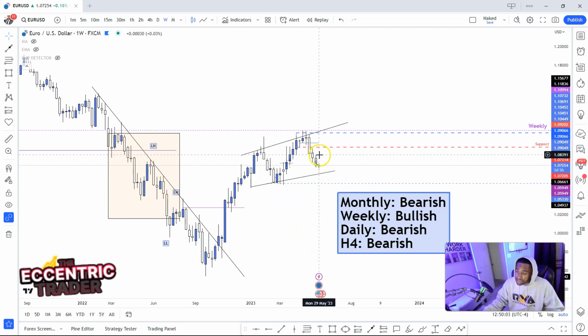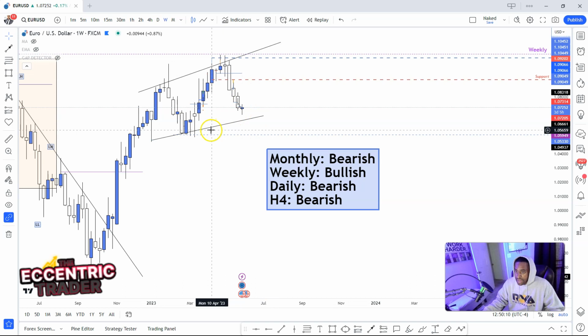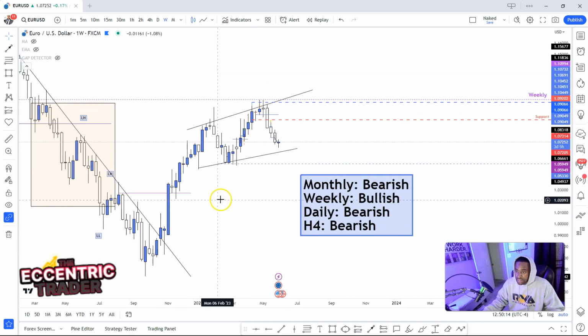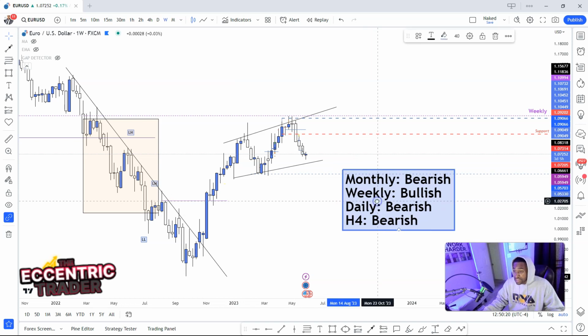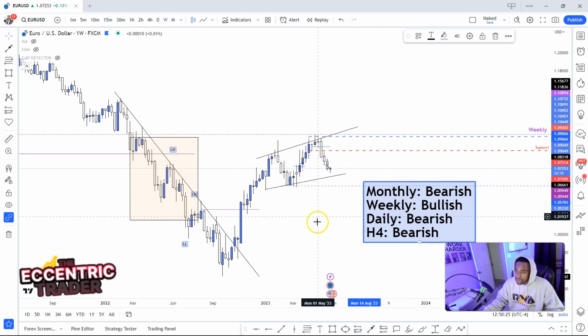Now this test right here, this candle test, this next candle, making like a tweezer bottom. I'll redraw this trend line to complement that, because I can tell that this trend line was drew on the lower time frame. So higher time frame is king. But yeah, so it's still bullish on the weekly.